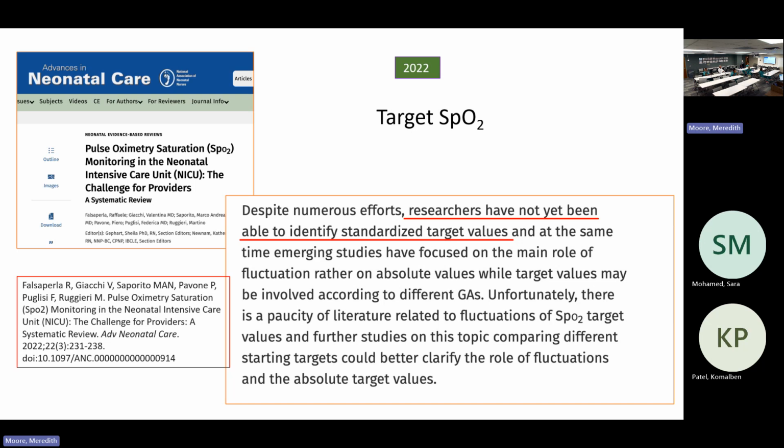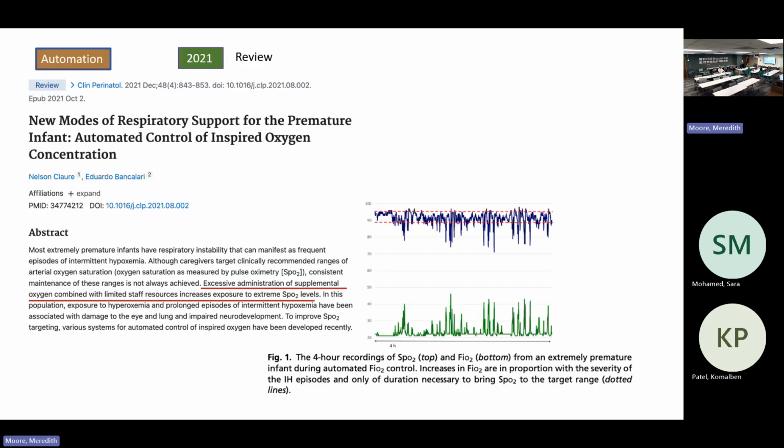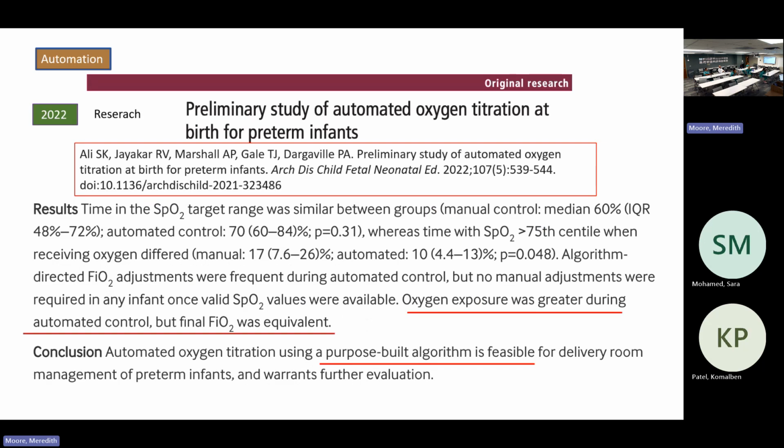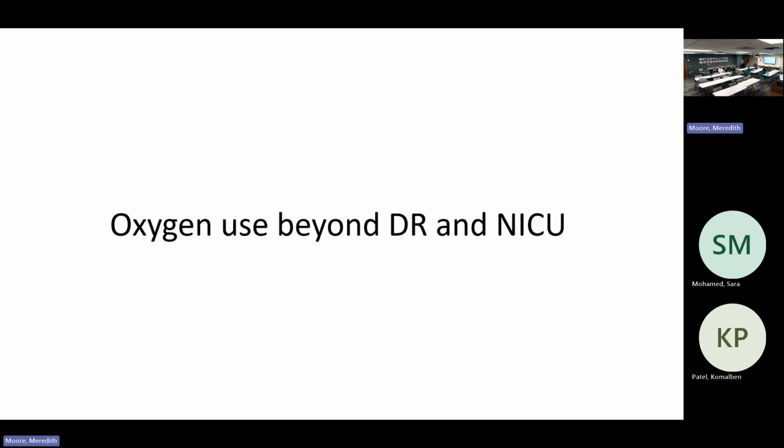Like Dr. Mahana said, there were so many complications in those babies who were on the study arm that they have to fight the suit first before they can go to the FDA to get it. But the concept was very nice: if we have an automated machine, the machine detects there is a desaturation and pumps more oxygen. This could be done, and they call it something automated, something I don't remember, but closed loop validation. Yeah, exactly. Dr. Bancalari is the one who made a lot of work. I think this is probably the study, but I think I looked at it.